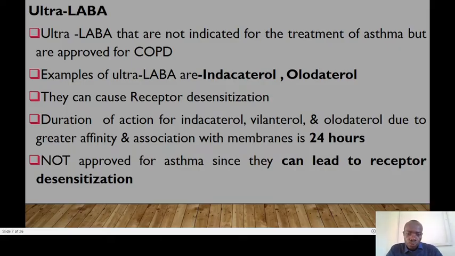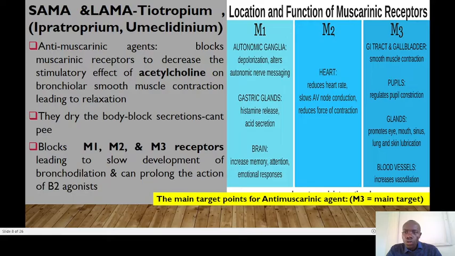So from there now we can go and look at the anticholinergic drugs. We're going to be talking of the SAMAs and the LAMAs, short-acting muscarinic antagonists. So we have these anti-muscarinic agents.